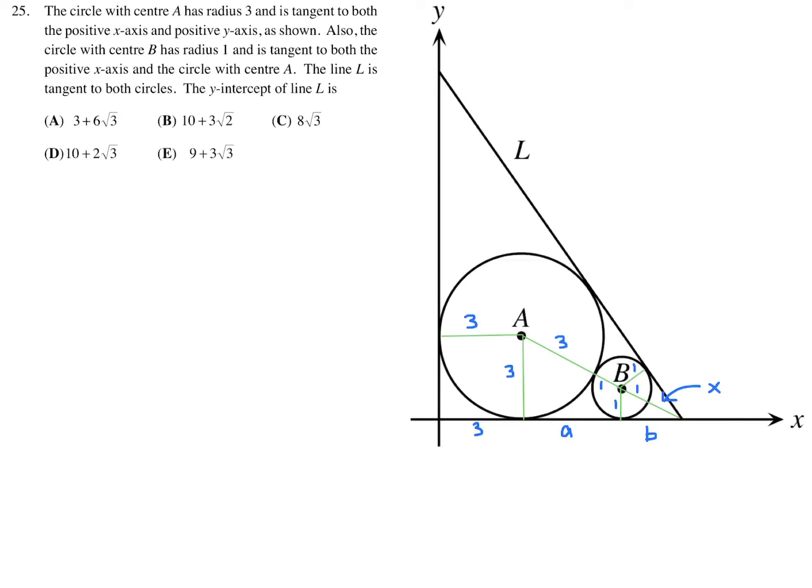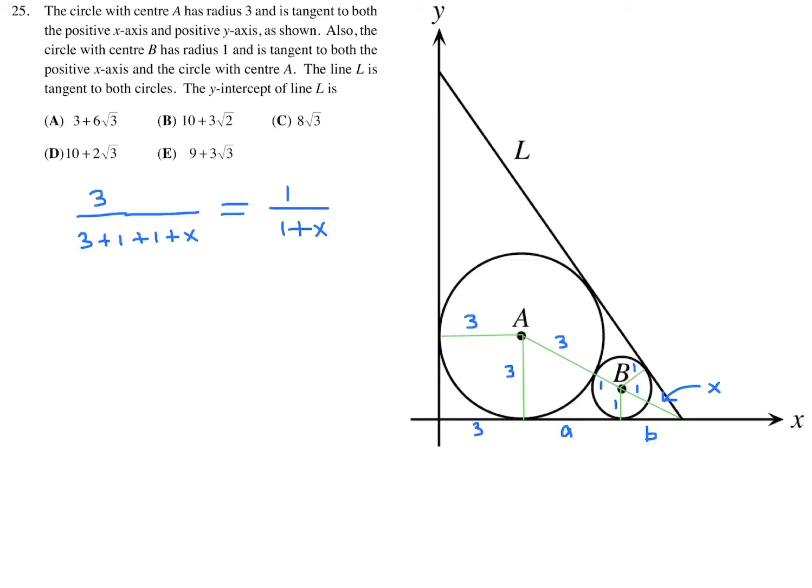So in the first one, we've got 3, which is the height, and the hypotenuse, which is 3 plus 1 plus 1 plus x, right? From here to here is 3, then we got 1 plus 1, and then finally that little x there. And then that is equal to the ratio of the height and hypotenuse of the little guy. So 1 over 1 plus x.